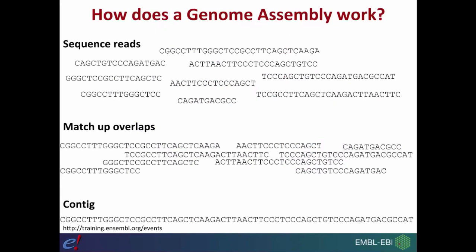So what you need to do is take these short reads and match up the overlaps between the reads to get what is called a contig. So this is a contiguous sequence, or just one string of letters of the genome.